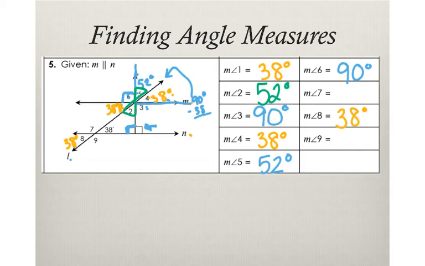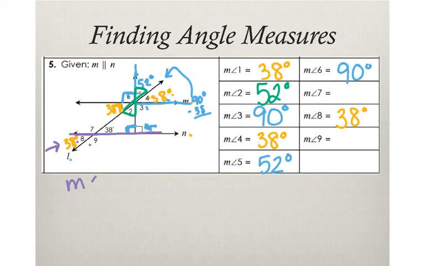So now, in order to get angle 7 and angle 9, I'm going to have to use this measure of 38 degrees. And why would I be choosing that? Well, because angle 8 and angle 9 form that straight line, meaning they're going to have to give me 180 degrees.